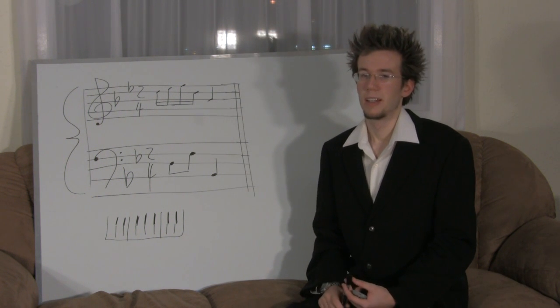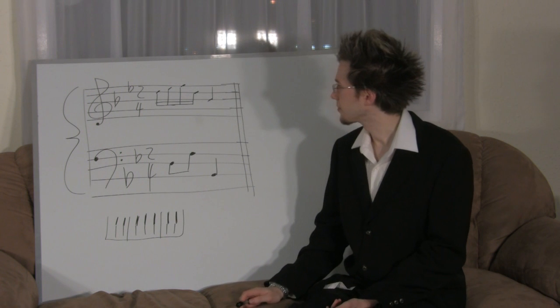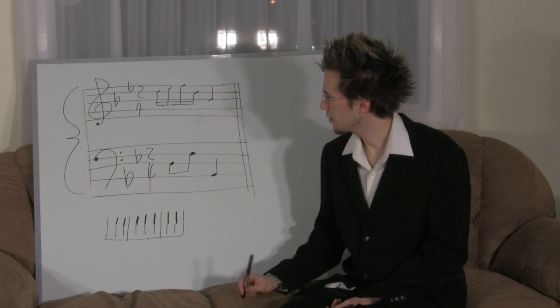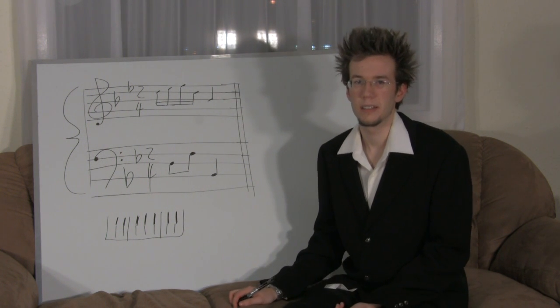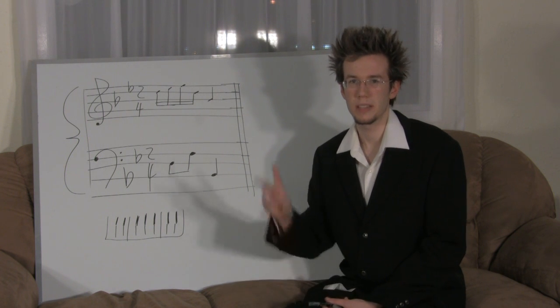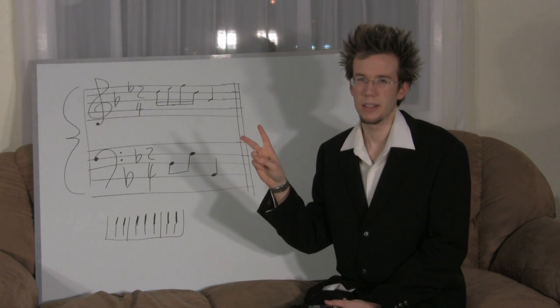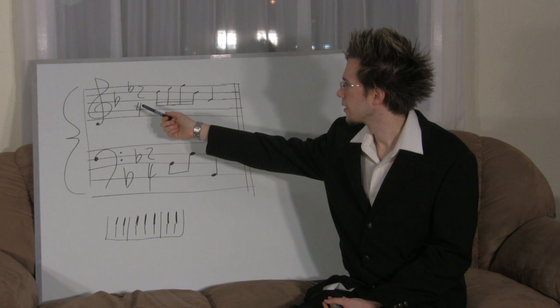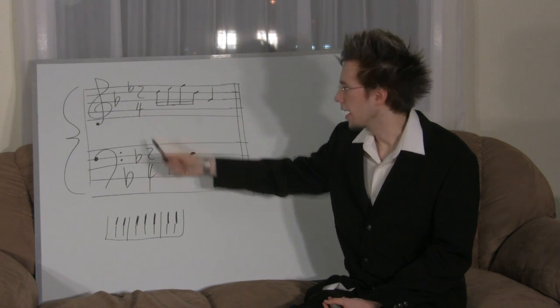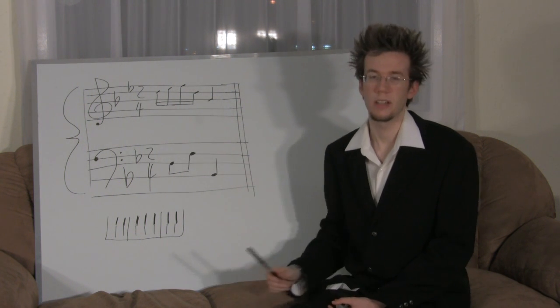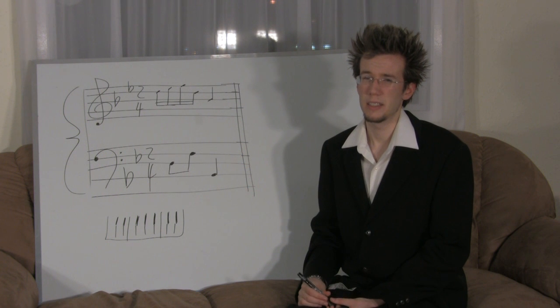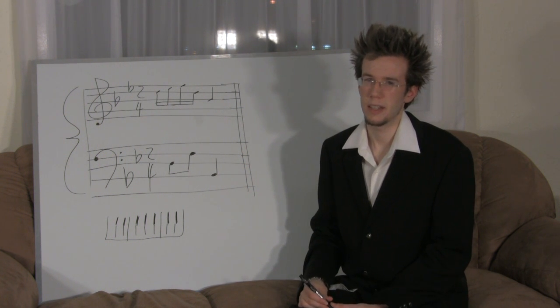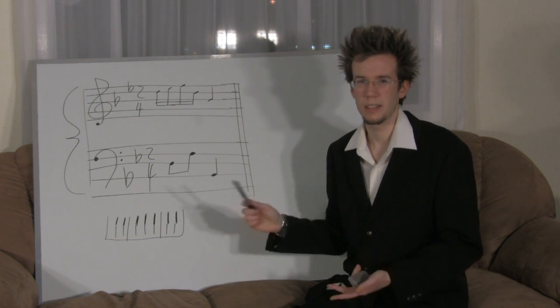Okay, so the rule for figuring out what key the piece is in: there are 2 basic rules. One is look at your key signature. And also look at your last note. Probably the easiest way is that you can look at it in either order.